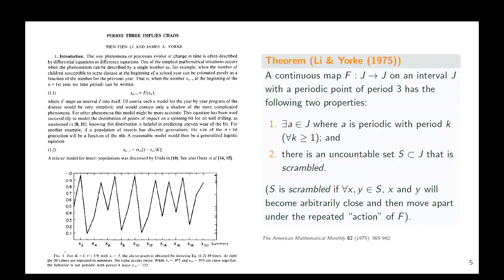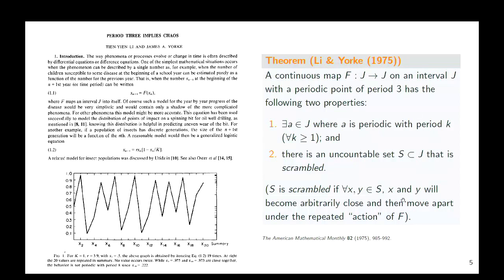If that doesn't surprise you, please explain to me why it doesn't surprise you. The second property is the Li-Yorke definition of chaos. And it says that I can take sets in that domain, so bits that I am mapping around with that map. So I take some blob of, in this case, my interval J, take some chunk of my interval, and that interval becomes scrambled in the sense here.